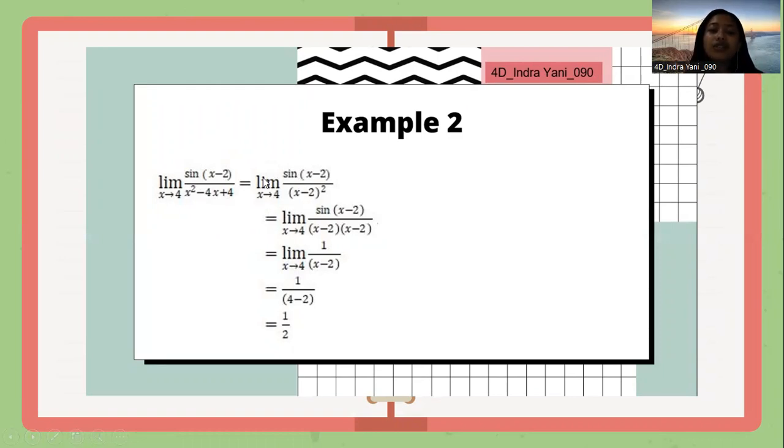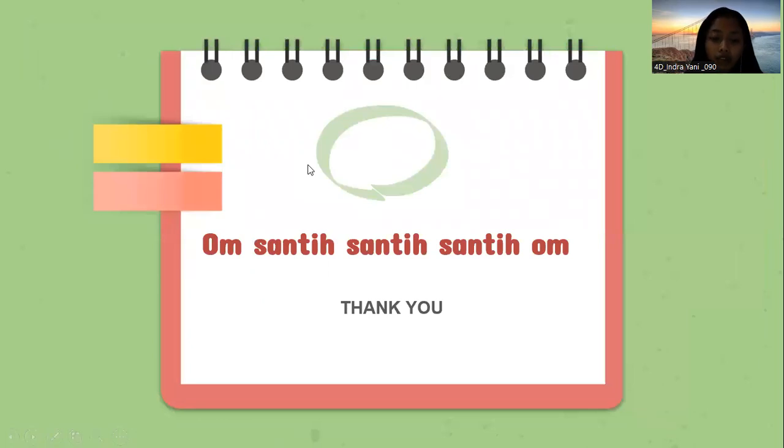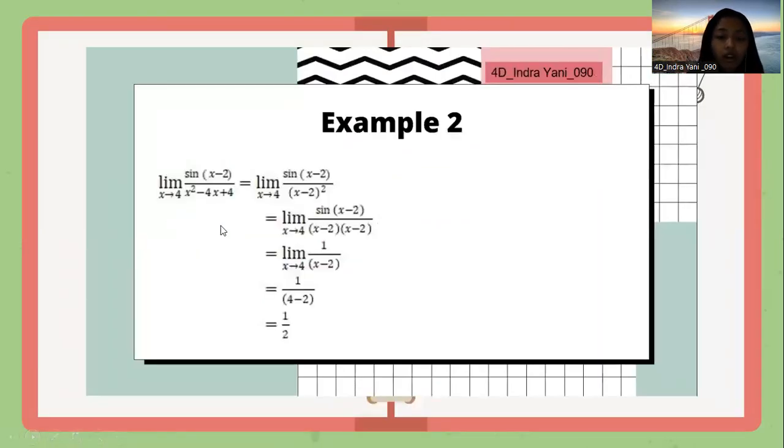The solution is the limit as x approaches 4 of sine(x minus 2) divided by (x minus 2) squared. We factor x squared minus 4x plus 4, and the factor is (x minus 2) squared.